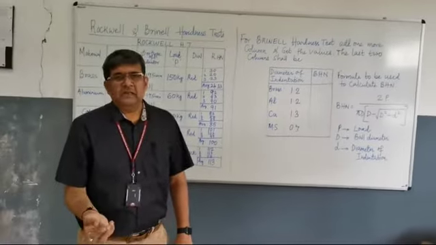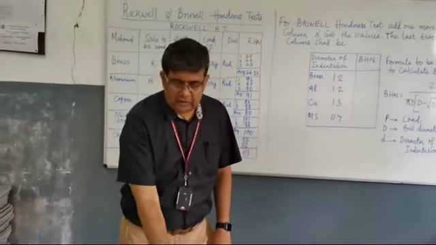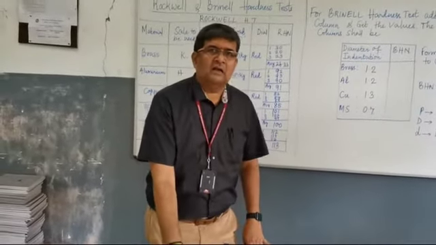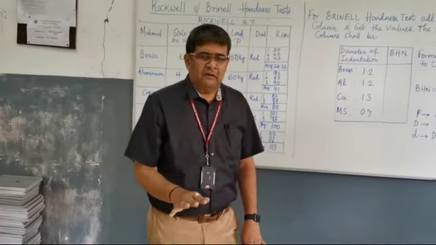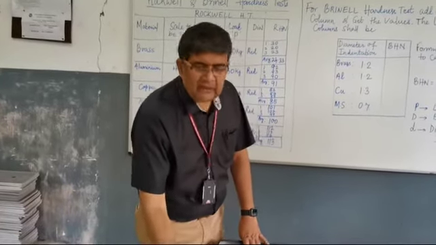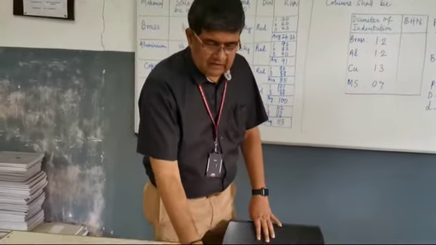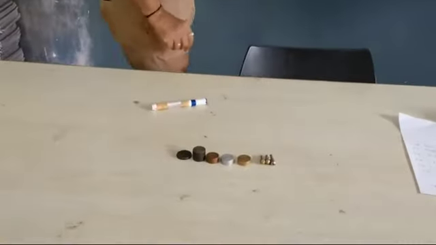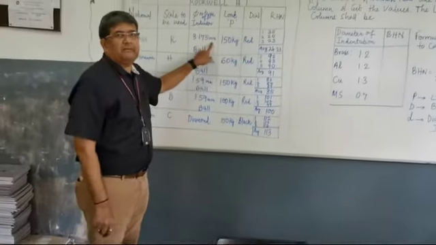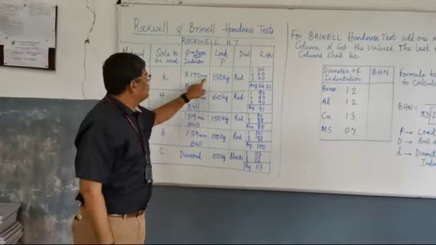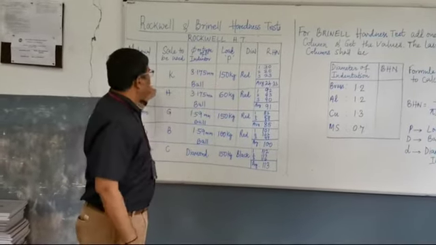Now obviously, since we are talking about metals, and they are hard, we do not get the same diameter of indentation. Suppose I use an indenter of 3.175 mm and load with 150 kg on brass.